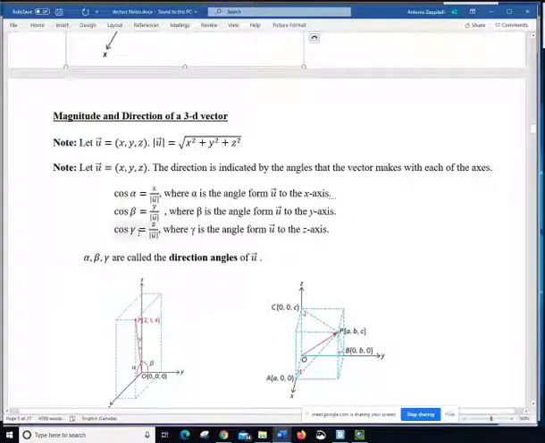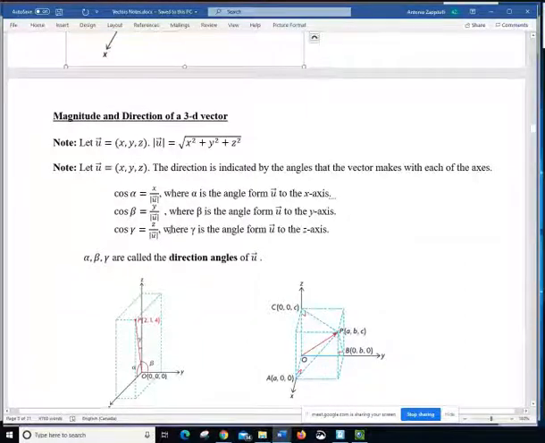And again, you should already know a priori that any component that's positive is going to generate an angle between 0 and 90, and any component that's negative is going to produce an obtuse angle.